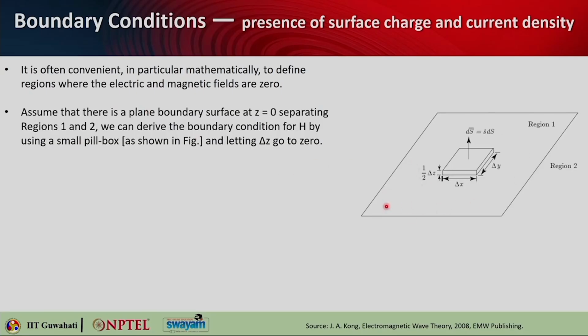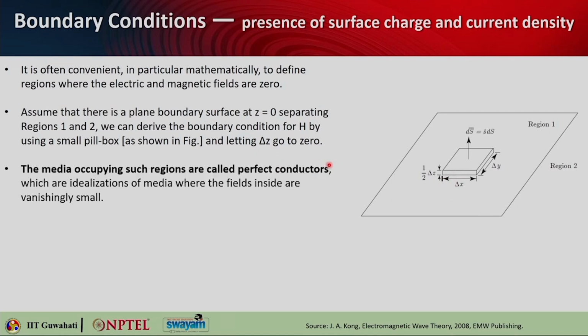Let's assume in this particular figure there is a plane boundary surface, exactly at z equals 0, separating region 1 and region 2, and we can derive the boundary conditions for H by using a small pillbox which has a height of delta z. In region 1 it is delta z by 2, and on the other side of this boundary the pillbox also has a height of delta z by 2. So overall the height is delta z, and we will see that delta z can go to 0.